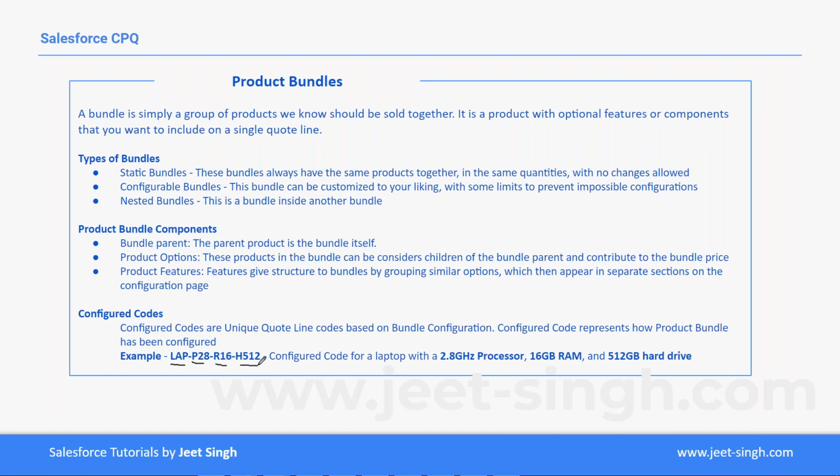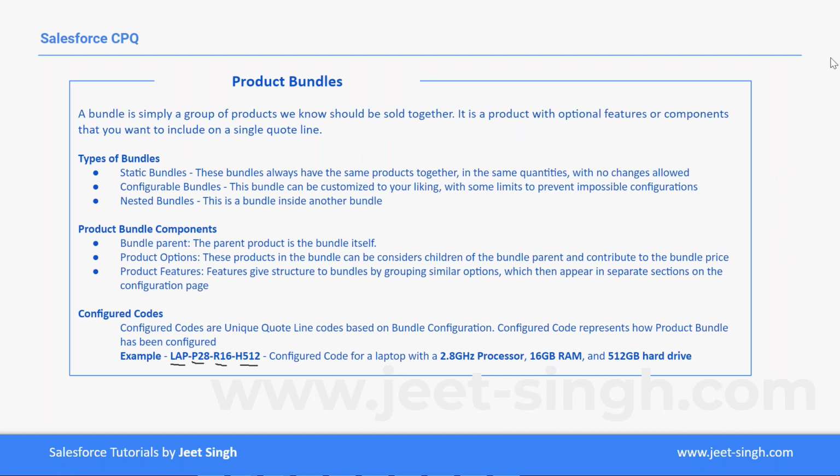First section is indicating whether it's a laptop or desktop. Second section is indicating which processor. Third section indicates which RAM. Fourth section indicates which hard drive. Simple. You can have more sections. Okay, so that's what we have here.